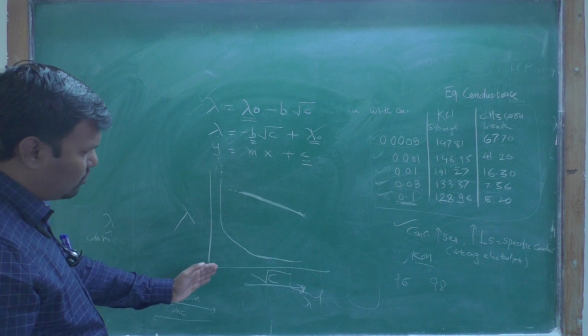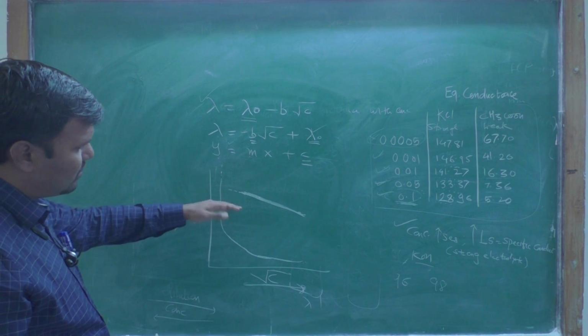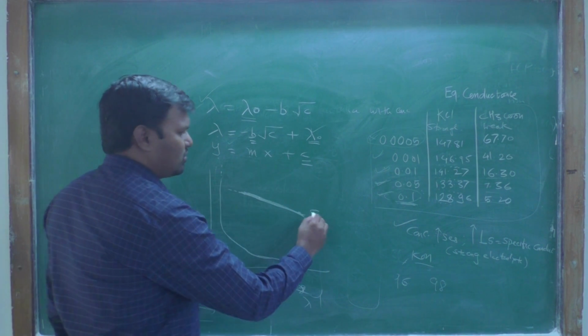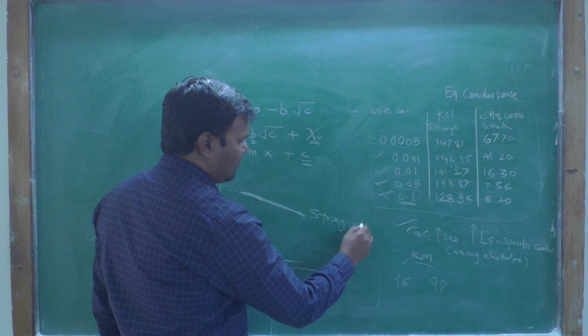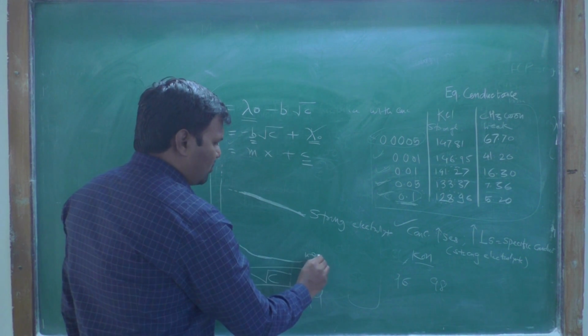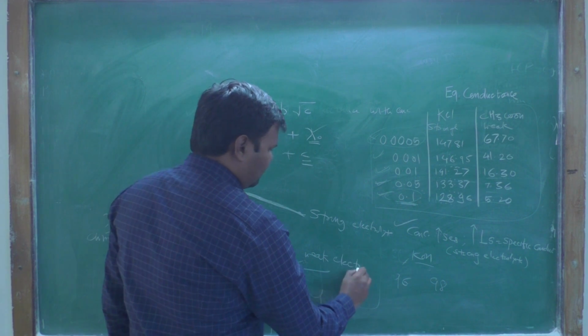At a very dilute solution its value exceeds that of the strong electrolyte. This graph is for the strong electrolyte, and this is for the weak electrolyte.